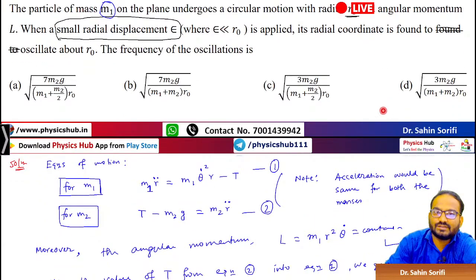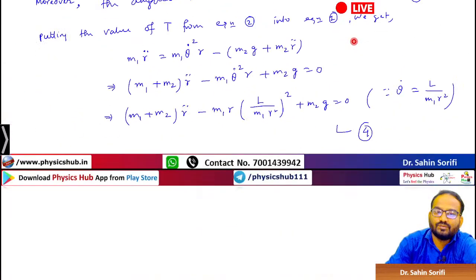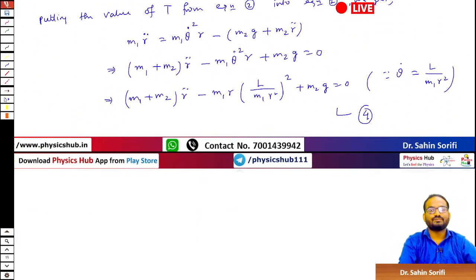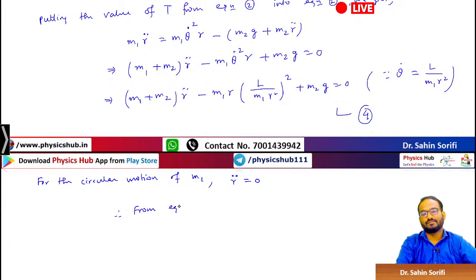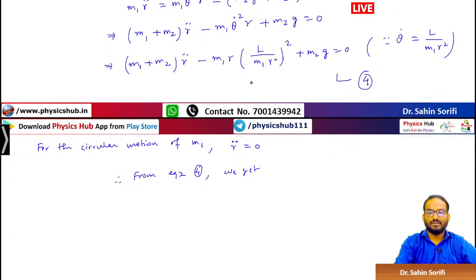So when it is undergoing a circular motion with radius r naught, we can put r double dot equal to 0. For the circular motion of m1, r double dot is equal to 0. If we put r double dot equal to 0, therefore from equation 4 we get, what are you left with?